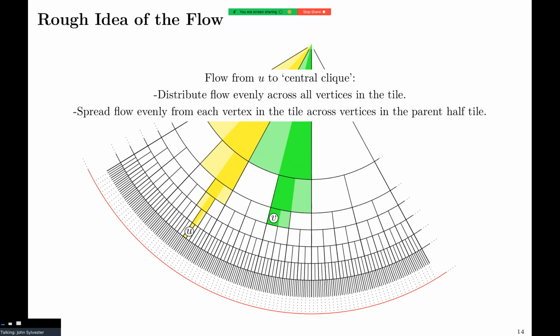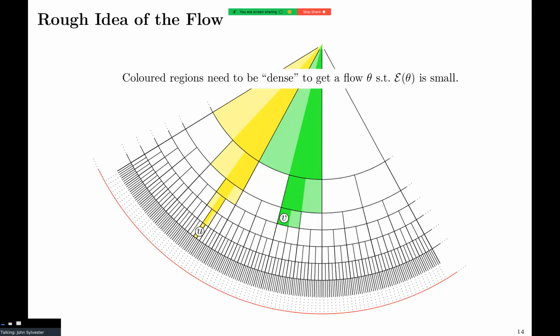So you've now got an even amount of flow spread over the vertices of the half tile, and you make flows to the vertices of the next half tile so that the flow is evenly spread. And then you go up to the next half tile, and you keep doing this until you get to the central clique.